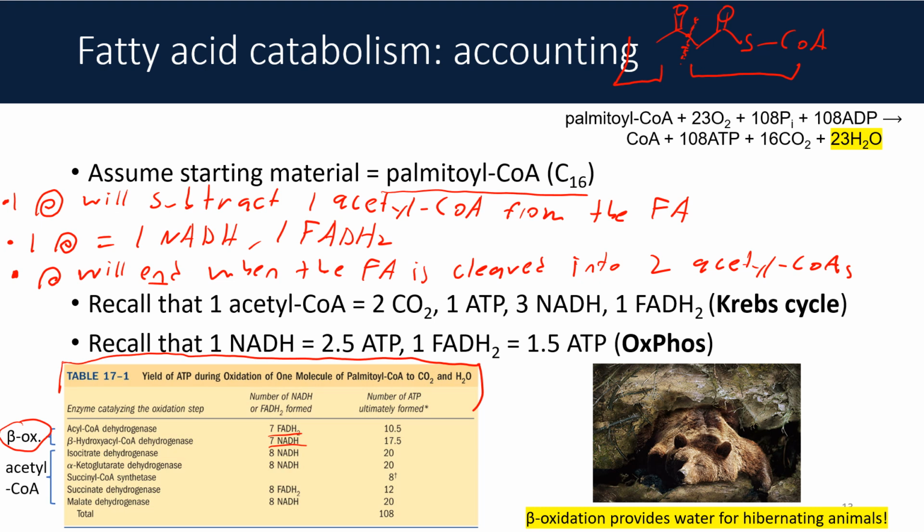Now we need to convert those into ATP units. And remember that one NADH is worth 2.5 ATPs, and one FADH2 is worth approximately 1.5.